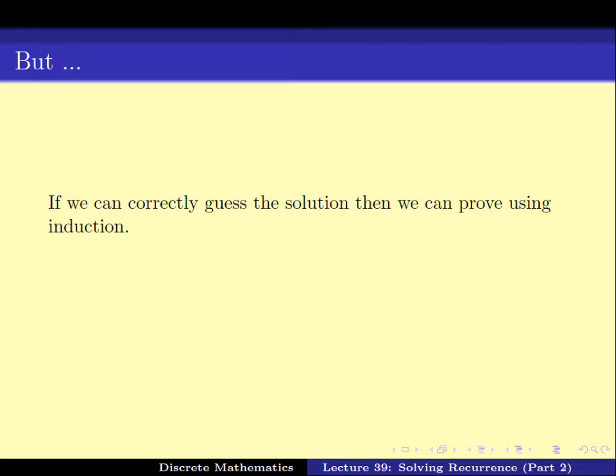The main issue is, how do you guess the solution? Now, guessing the solution can really be a challenging problem. So we will be dedicating quite a number of lectures to guessing the solution. Today we will be looking at the first and the simplest technique of guessing the solution.